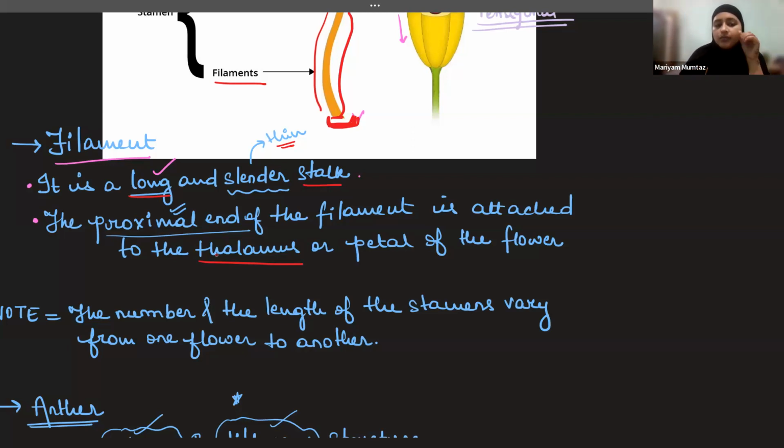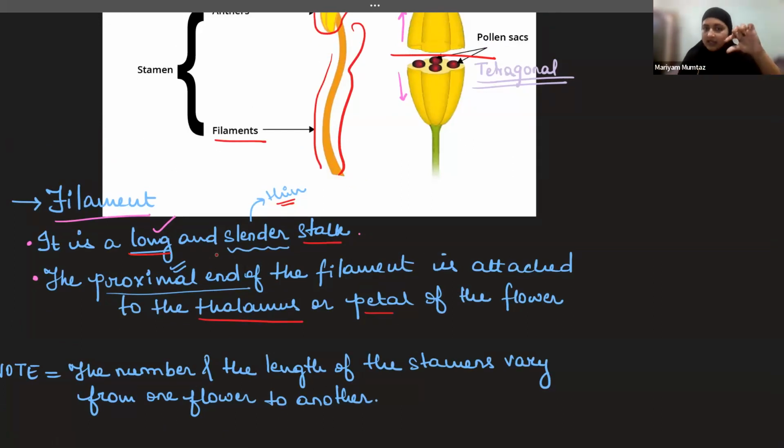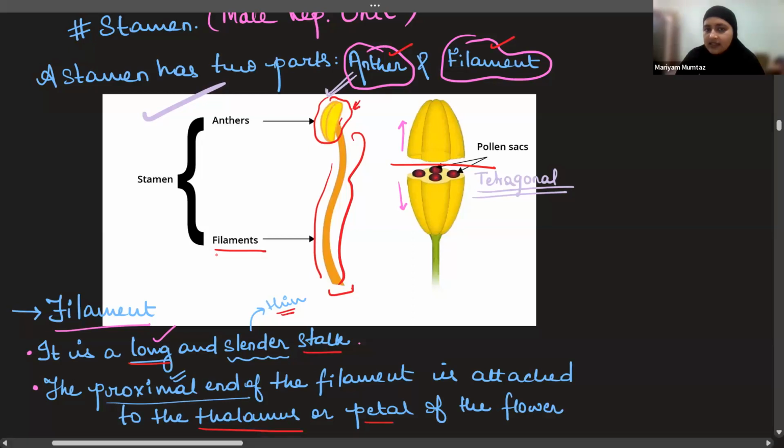The proximal end of the filament is attached to the thalamus, that basal bulgy portion, or it can be attached to the petal. And the part that is attached to the anther is the distal end.